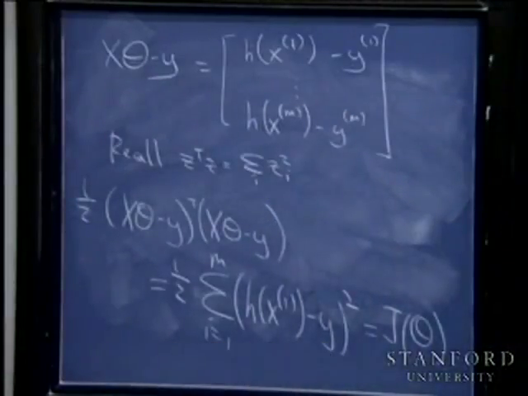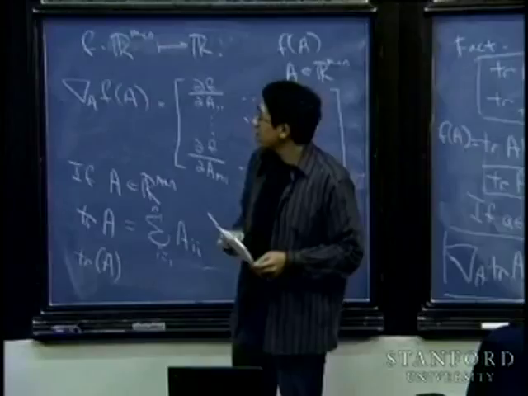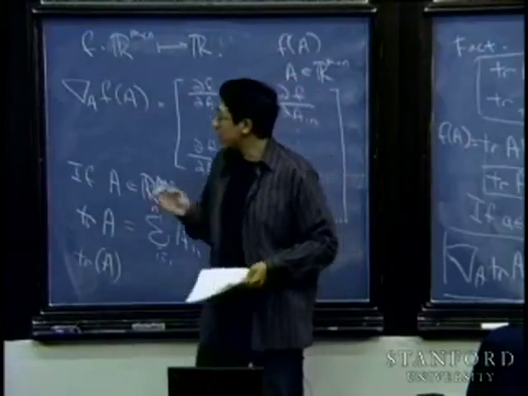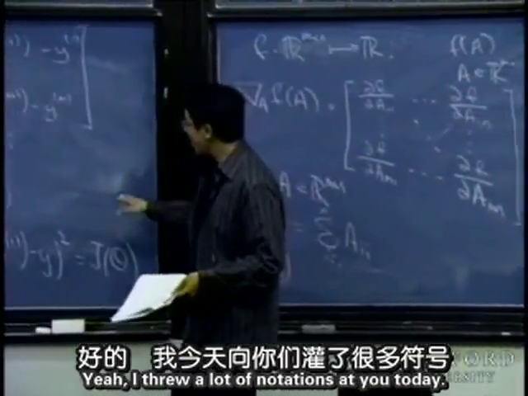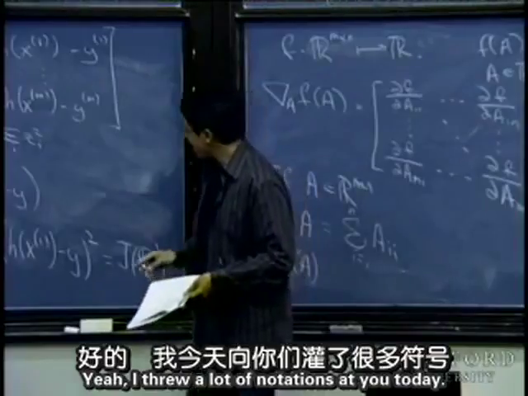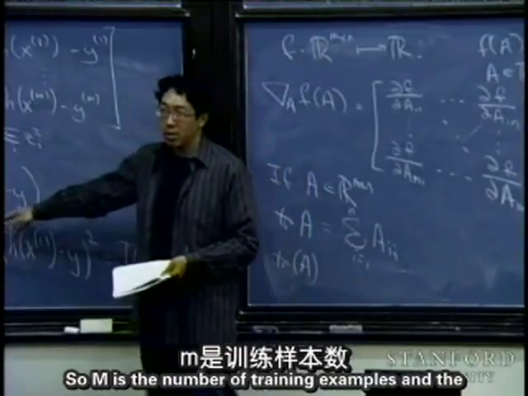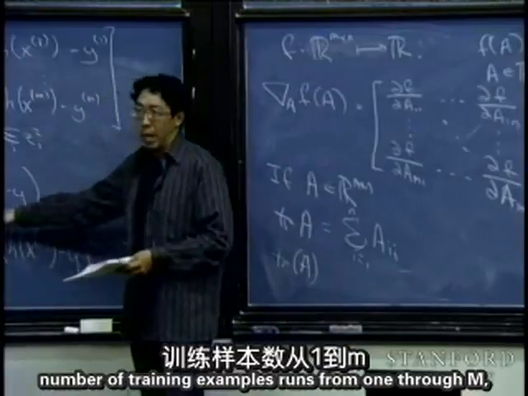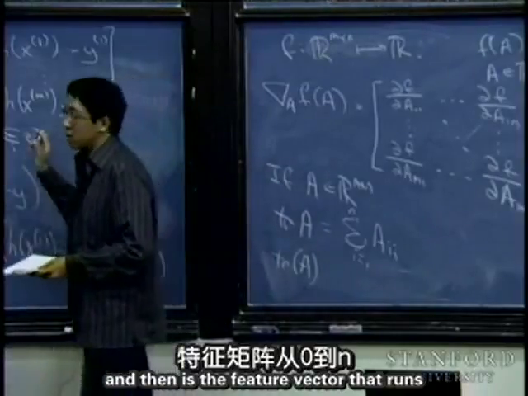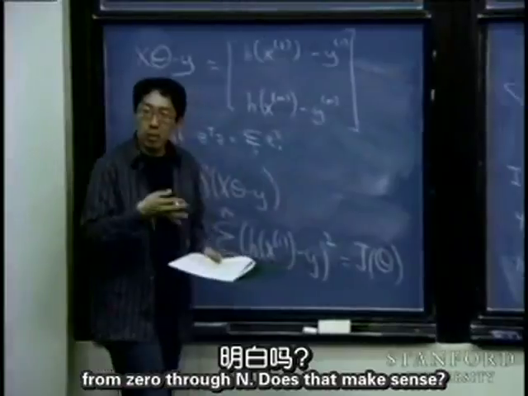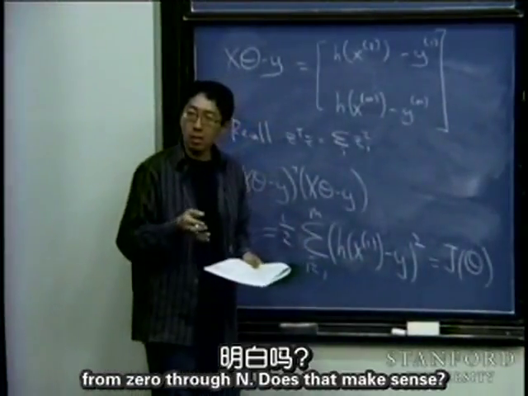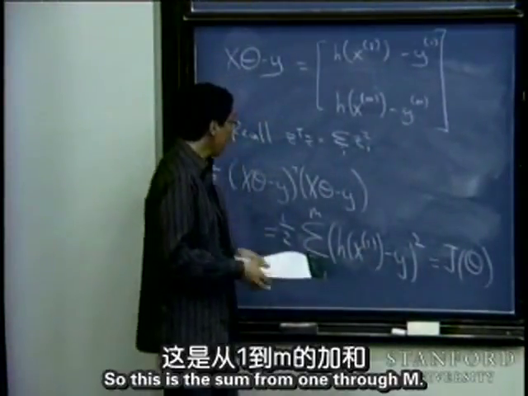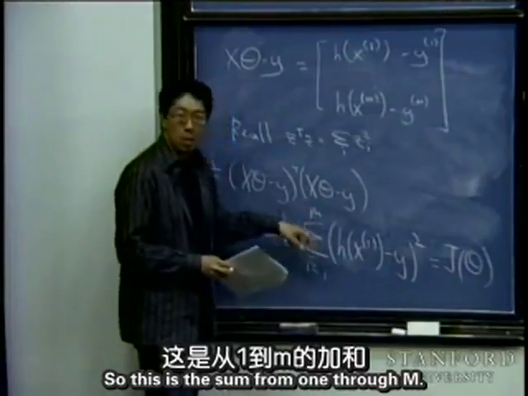Yeah. Did you miss the zero element because that's the scalar bias? Oh, okay, right. So, I threw a lot of notation at you today. So, M is the number of training examples, and the number of training examples runs from 1 through m, and then the feature vector runs from 0 through n. Does that make sense? So this is a sum from 1 through m.